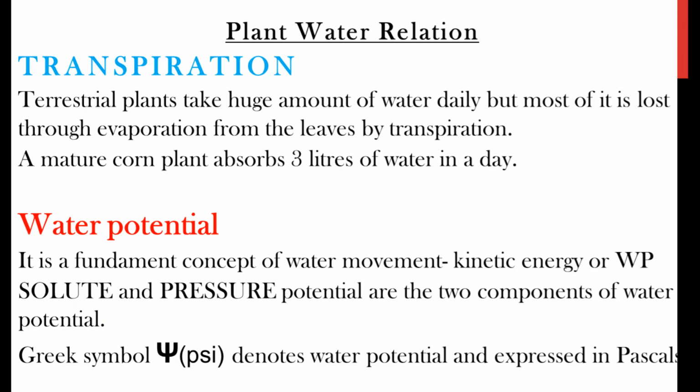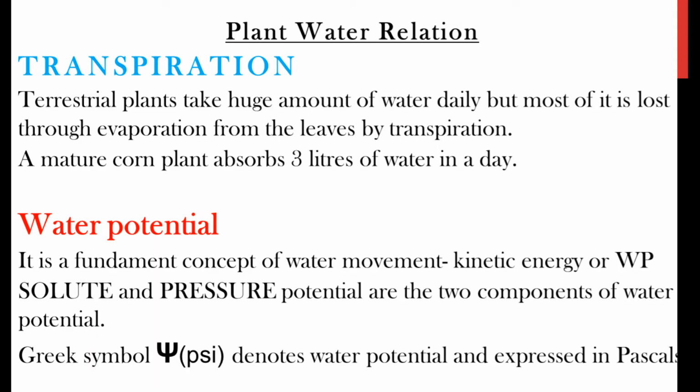Water potential is the fundamental concept of water movement, kinetic energy. Psi solute and psi P, the pressure potential, are the two components of water potential. The Greek symbol psi denotes water potential and it is expressed in pascals.